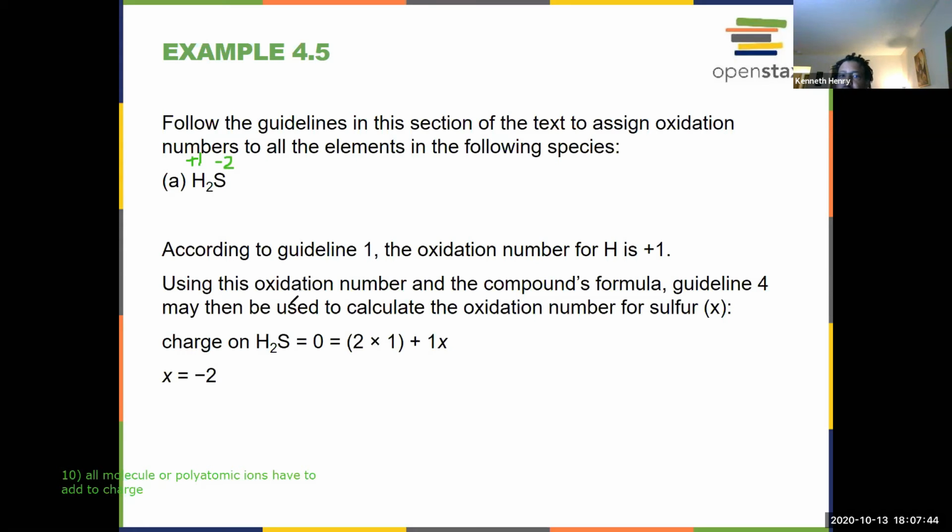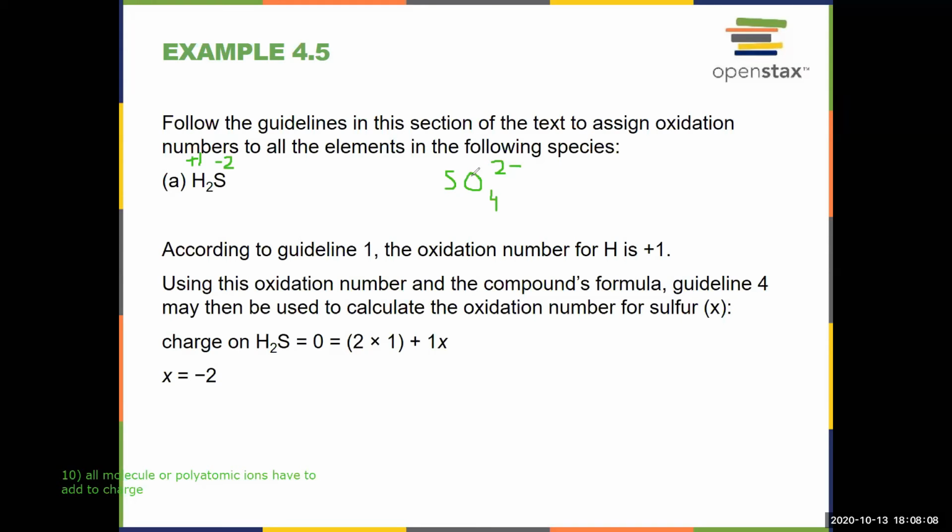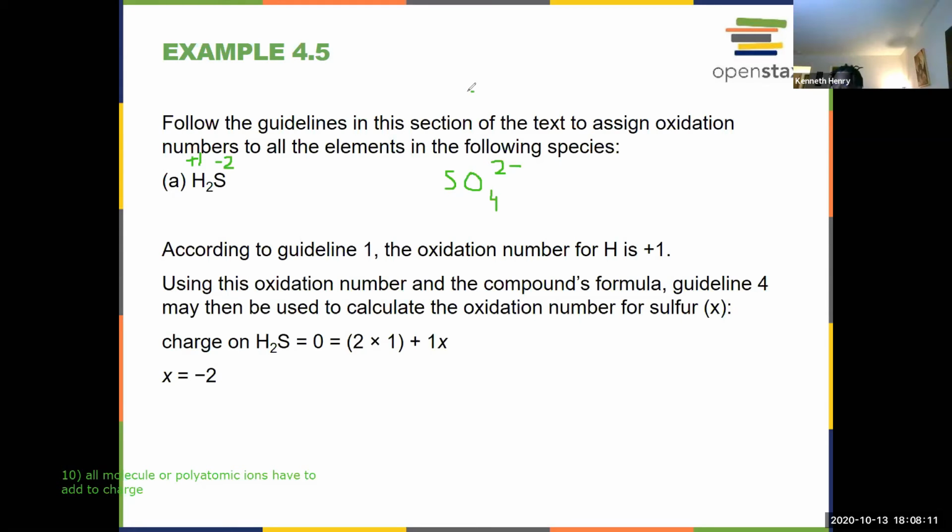Okay, so what about this guy? What is the oxidation number for oxygen? -2. So each one is -2, and I have 4 of them.